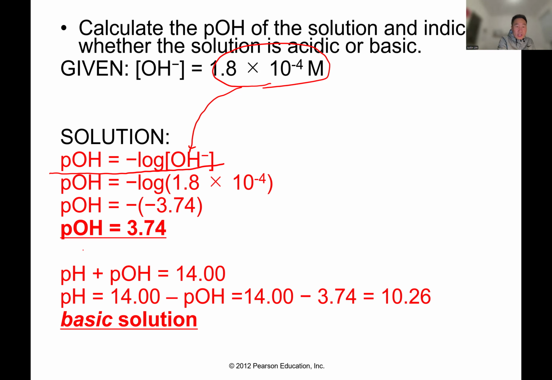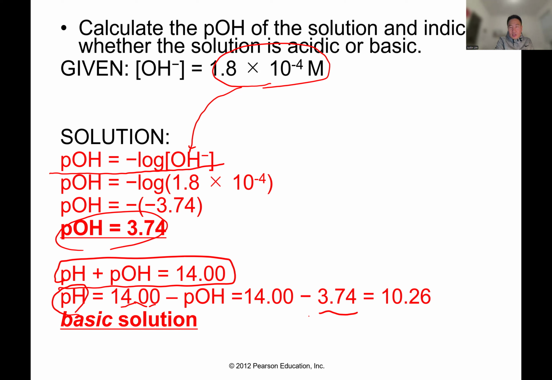So pOH equals 3.74. Use the defined relationship to calculate pH. So 14.00 minus 3.74 equals 10.26. So pH is greater than 7. What does it mean? The solution is basic.